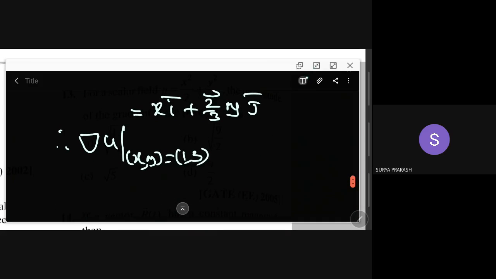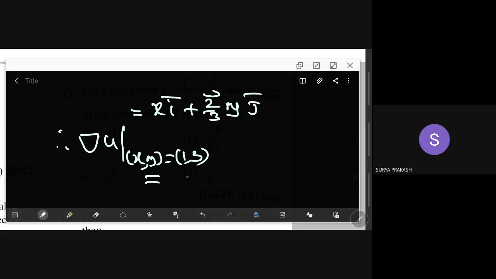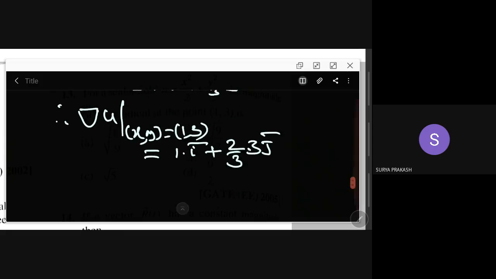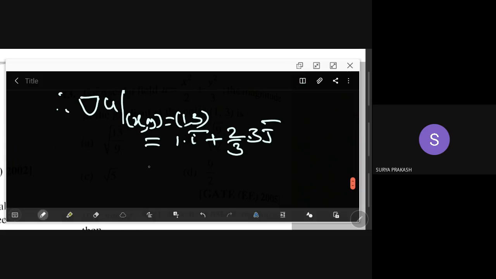In place of x I am putting 1, 1 into i bar plus 2 by 3 into j, y is actually 3 there, 3 into j bar, and anyway the k bar component is 0. So what we got here is i bar plus 2j bar.